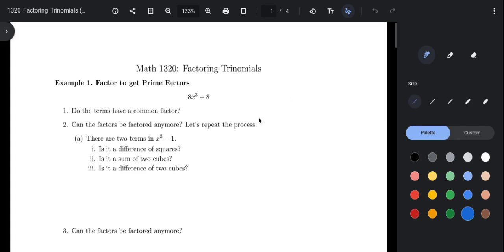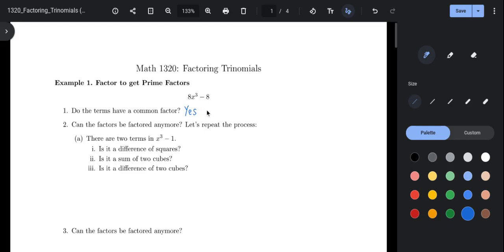And so the first thing we're going to do is look at our expression 8x cubed minus 8. And so the very first question that was in that flowchart is, do our terms have a common factor? And in this case, I can tell right away that 8x cubed and negative 8 are both divisible by 8. So we can actually rewrite this. So I'm going to say, yes, they do have a common factor, and that's 8.